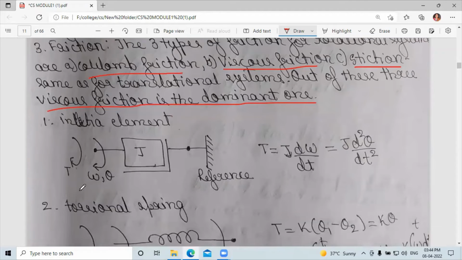For the inertia element, one end is connected to the reference, omega is the angular velocity, and theta is the displacement. We write the equation for torque: T is equal to J d omega divided by dt, which is equal to J d square theta divided by dt square.